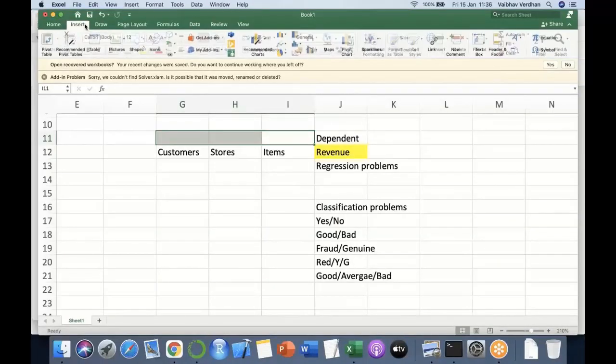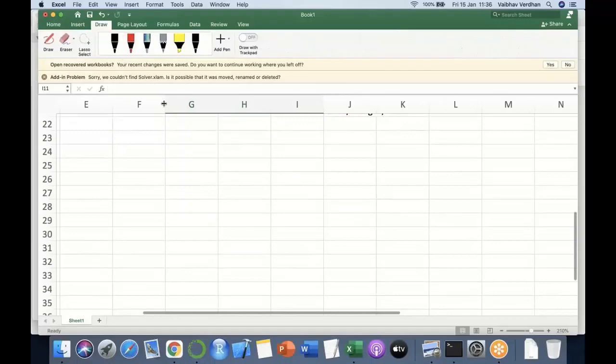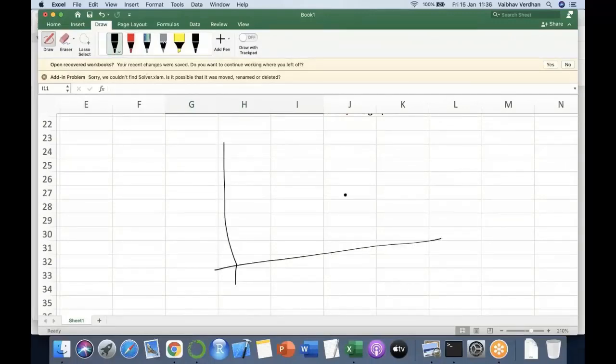If you think about it in a vector space, your data sets can be represented like this, on a simple XY coordinate. These can be your data points.